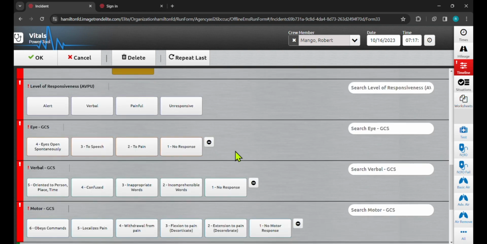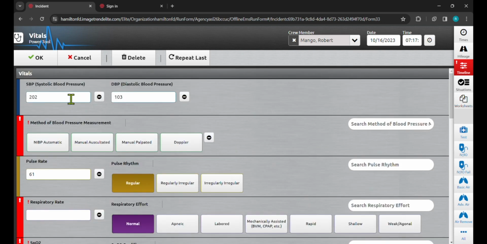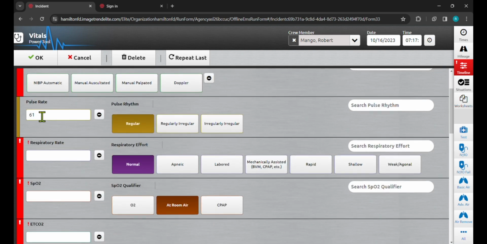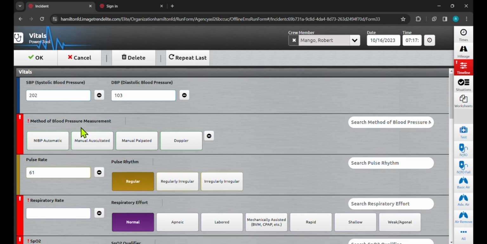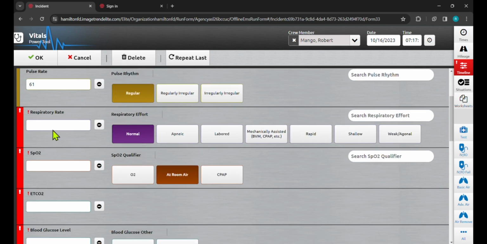Okay. This particular run captured the pulse rate and the blood pressure. It did not capture the SpO2 or the respiratory rate. One interesting thing about the Zoll monitor is it can calculate the respiratory rate based on your SpO2 and 3-lead.